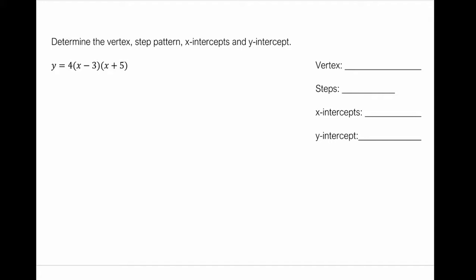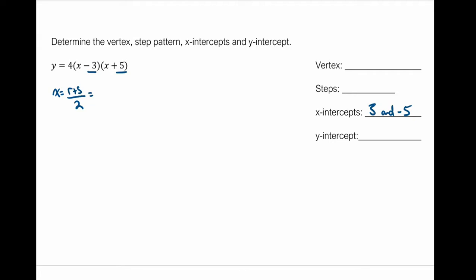But with the vertex, remember, we can find the x value by adding up our two x-intercepts and dividing by 2. So in this case, it might actually be helpful to find our x-intercepts, which are just our two values in the brackets opposite of what we see. So our x-intercepts are 3 and negative 5.